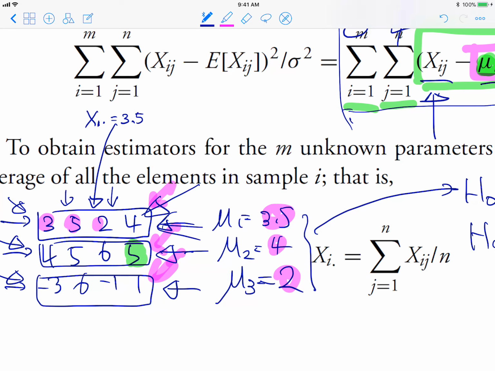And then what kind of distribution does this sample mean follow? It will follow the distribution of the true mean value of the first group, with the variance sigma squared divided by 4, because we have n observations within this sample.